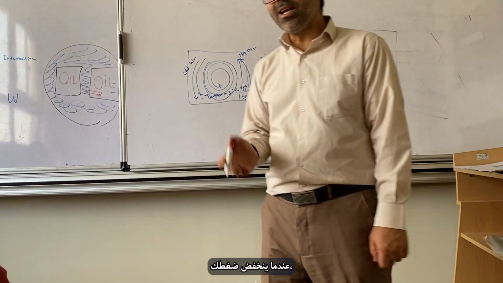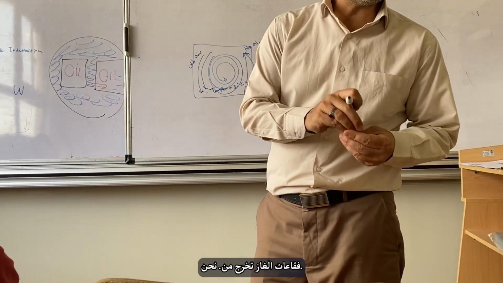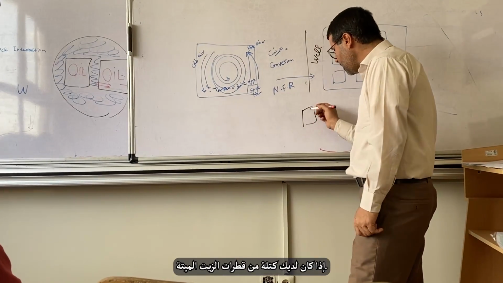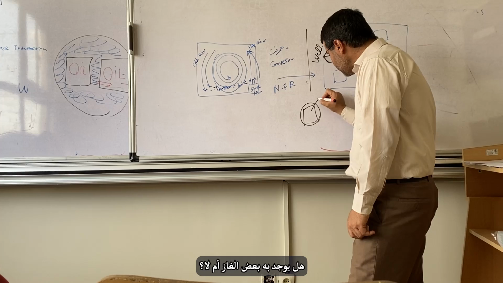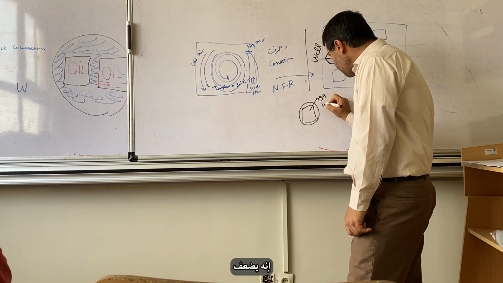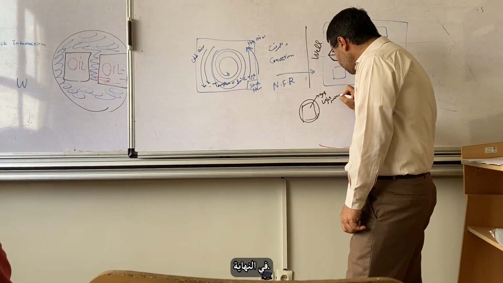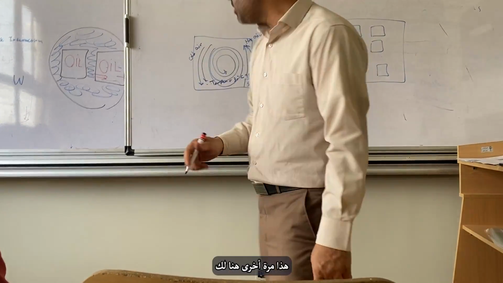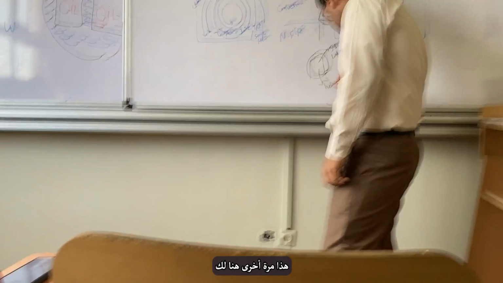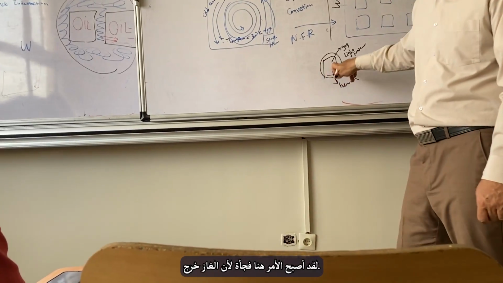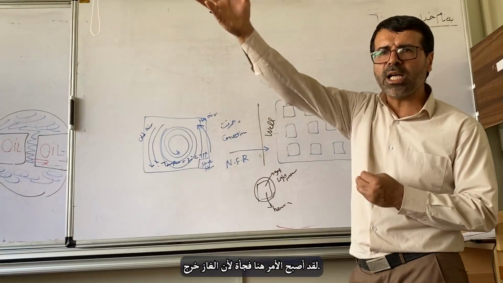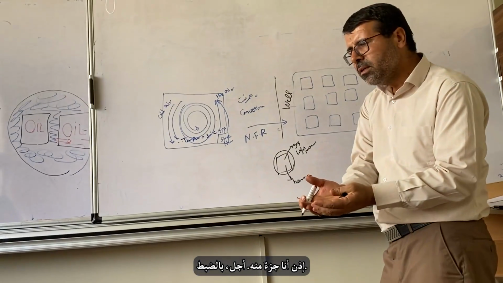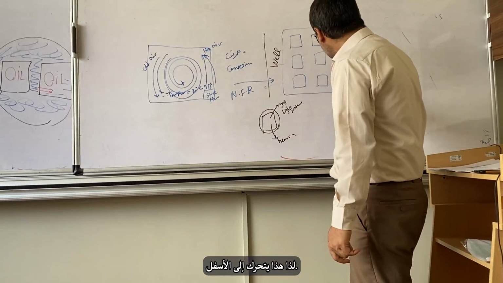When your pressure drops, the gas bubbles come out of the oil. If you have a droplet of oil, it has some gases or light materials. If the light material comes out of the oil, what happens? The droplet gets heavier, right? It gets smaller, because the gas goes out, the lighter parts go out, and the heavier part remains, so it moves down.